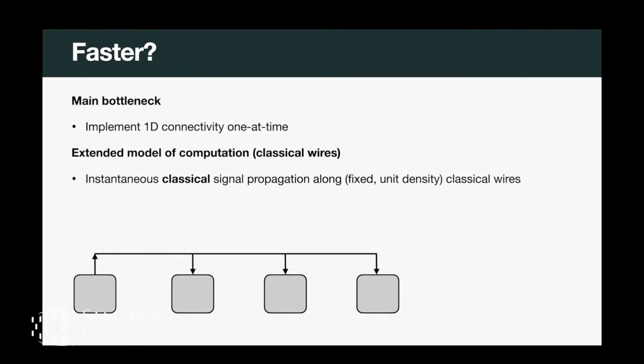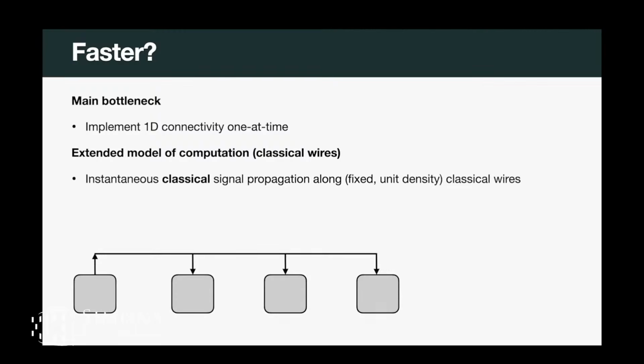And what I'm going to do is extend my model of computation a little bit. I'm going to give myself classical wires. And what I mean by classical wire is I have some units that you should think of as on the chip somewhere, and they're connected by a wire. Whenever this unit here drives a 1 or a 0, that 1 or 0 is propagated to all the other units simultaneously.